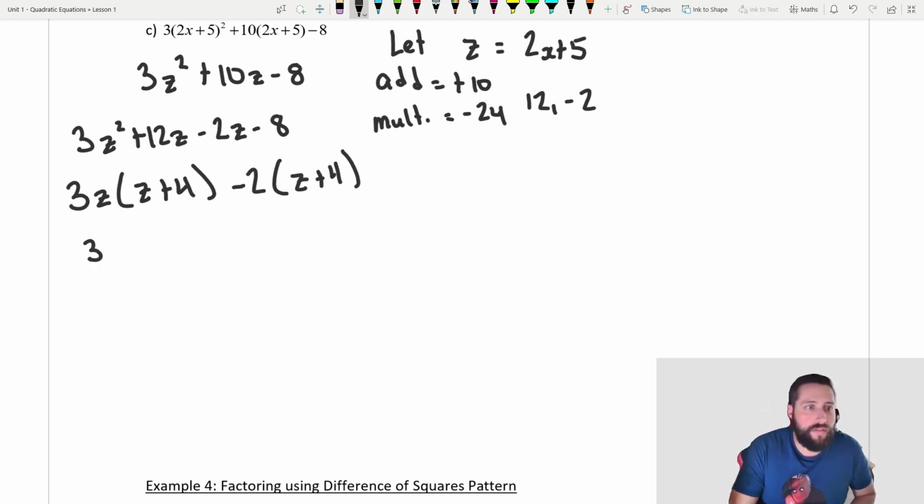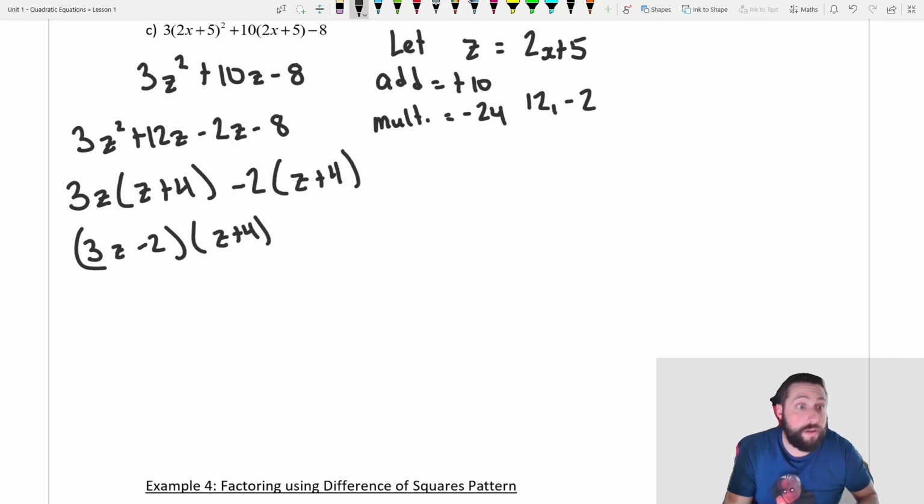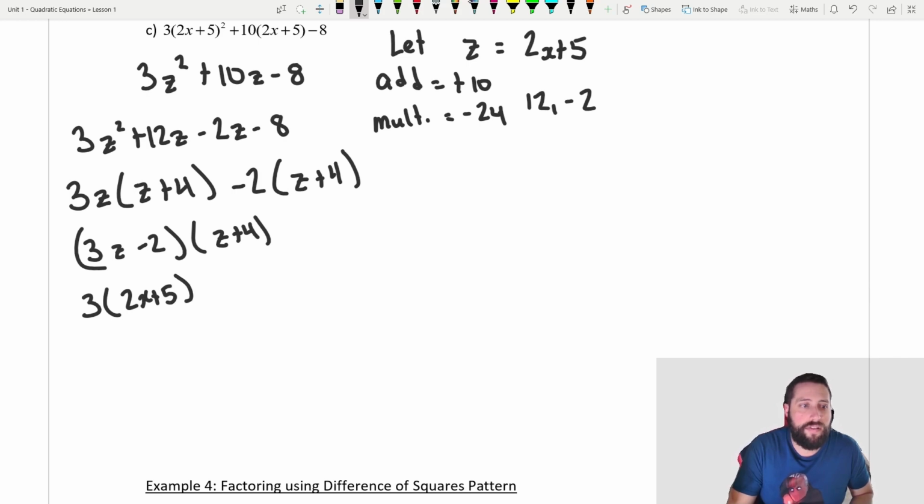Rewrite so that we have 3z minus 2 in one bracket, and then z plus 4 in the other. Substitute the values back in. So we get 3 multiplied by 2x plus 5 minus 2 in one bracket, and in the other bracket we have 2x plus 5 plus 4.